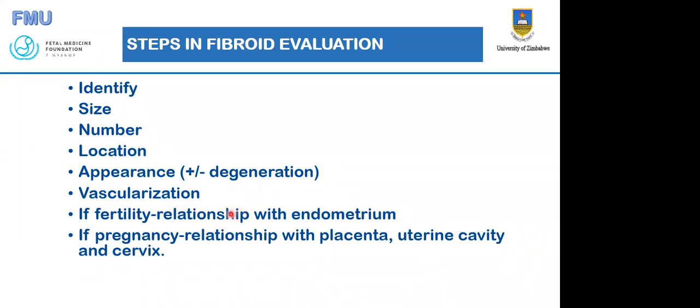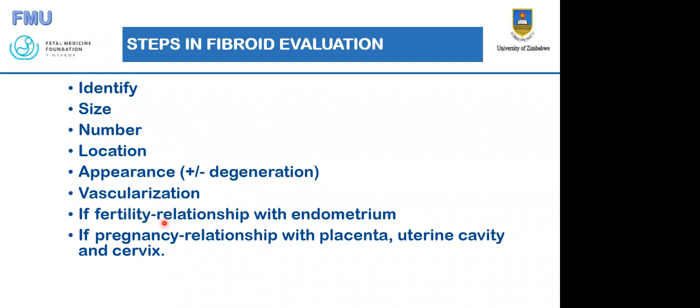So if you are investigating women for fertility, because women may come to you because they are 45 years old and they've been having severe pain and they don't know why, but somebody may come to you for fertility investigation. They'll tell you, my doctor has referred me to you because I'm failing to conceive.